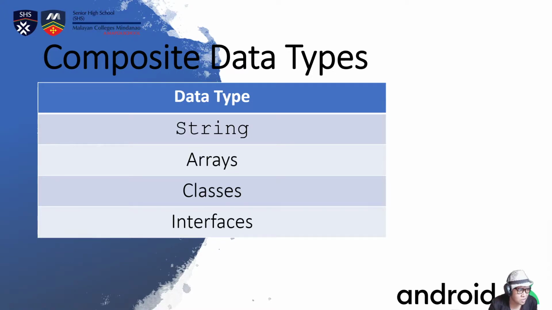It is widely used in most programs. It is unique in a way that some others consider it somewhat like a primitive data type, but it isn't. So, string is a character array.